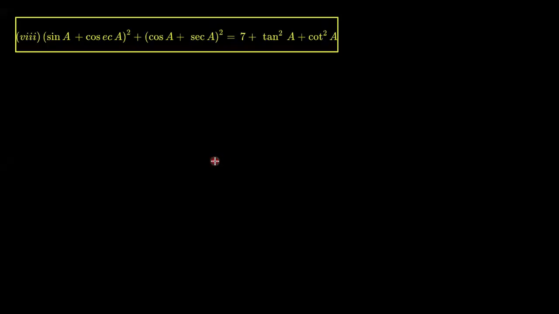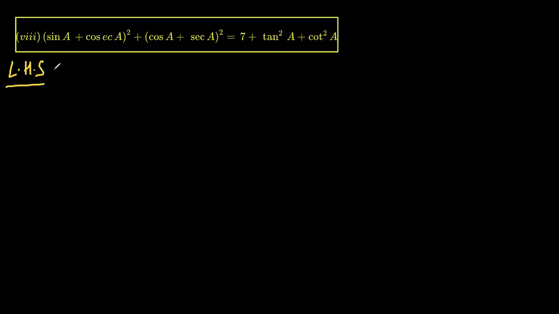In the eighth part, we have a plus b whole square, a plus b whole square. And look, we have to get it in terms of 7 plus something. So simply we can apply the a plus b whole square identity. So we get sine a plus cosec a whole square. Let's start from the left hand side.